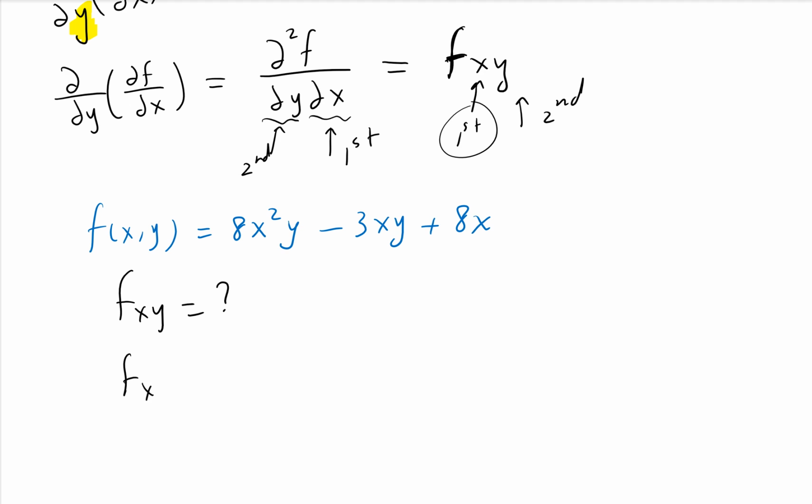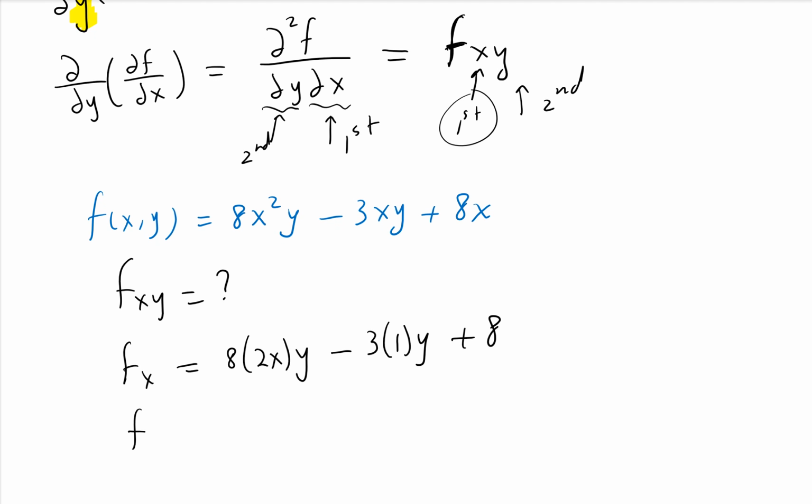So we find f_x, which is what? 8. Derivative of x squared is 2x. Y minus 3. Derivative of x is 1y plus 8. 16xy minus 3y plus 8.